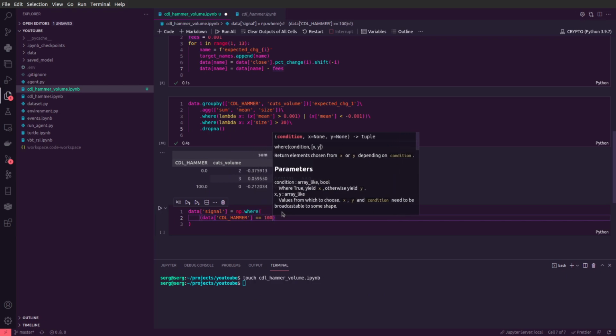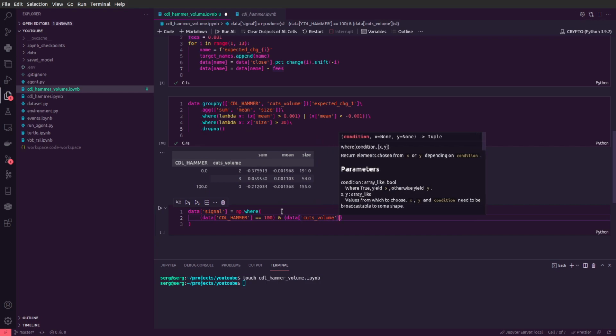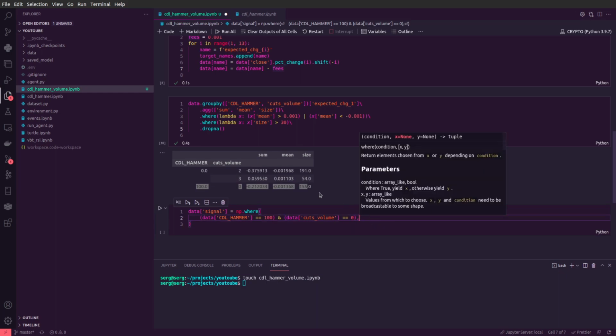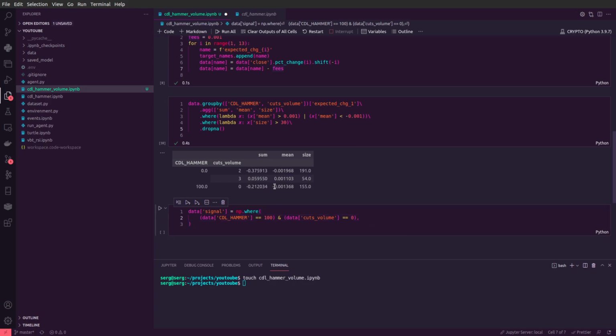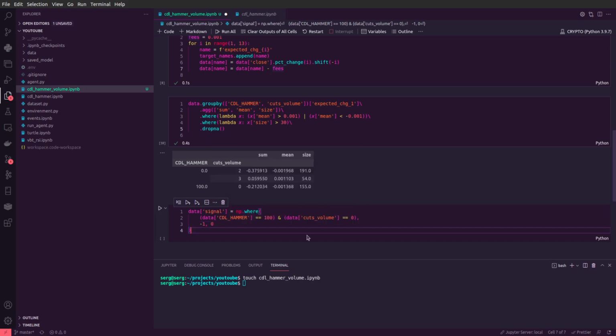It means in this case it happens, and when data cut's volume would be, for example, 0. I need to test this situation because I would like to trade this one. Let's do it. And when it happens, you see we have a minus, and it means we should short. Let's indicate I would like a short position. It would be -1. If it does not happen, it would be 0.